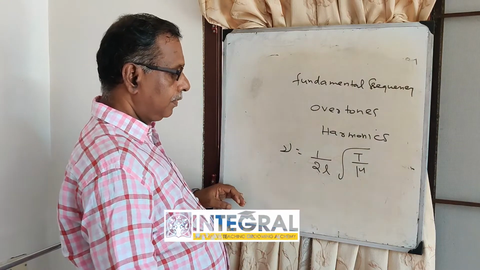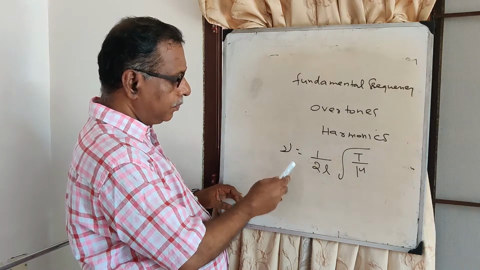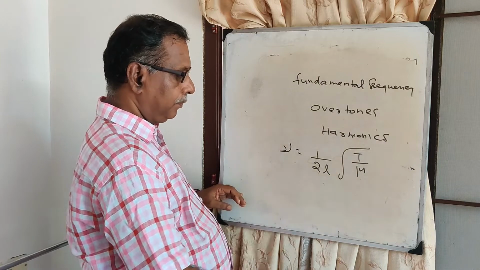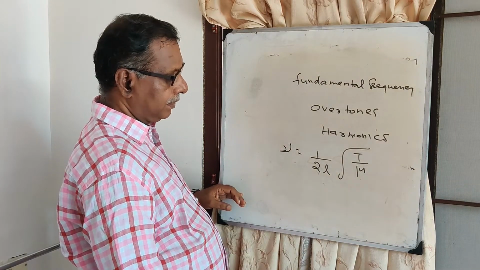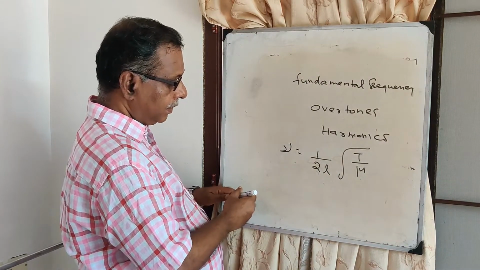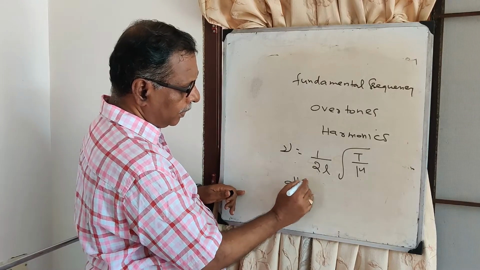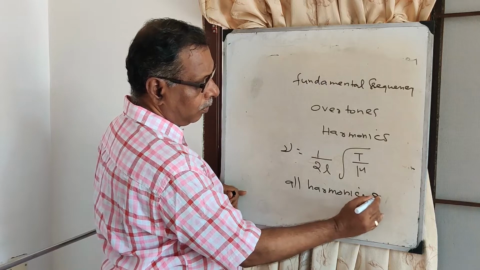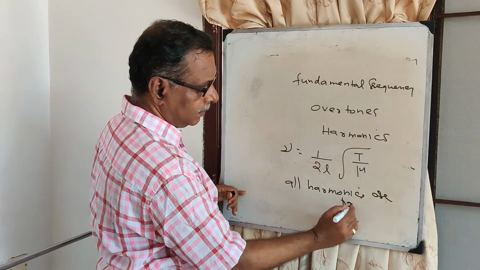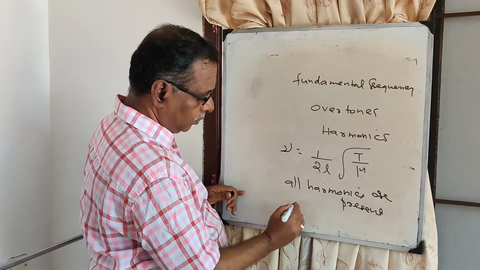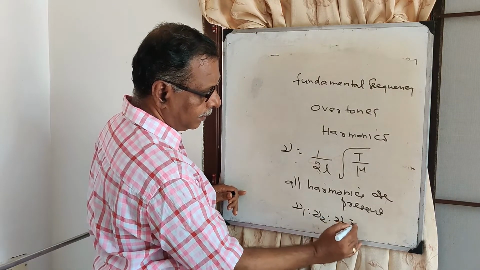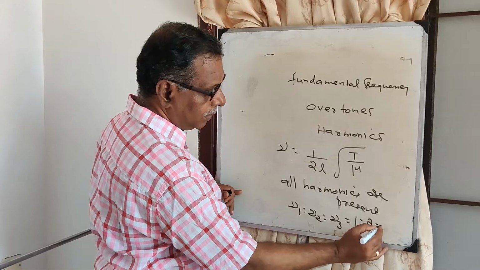In a string, fundamental frequency nu equals 1 by 2L into root of T by mu, where L is the length of the string. You know that in a string, all harmonics are present. That is, nu 1 : nu 2 : nu 3 equals 1 : 2 : 3.